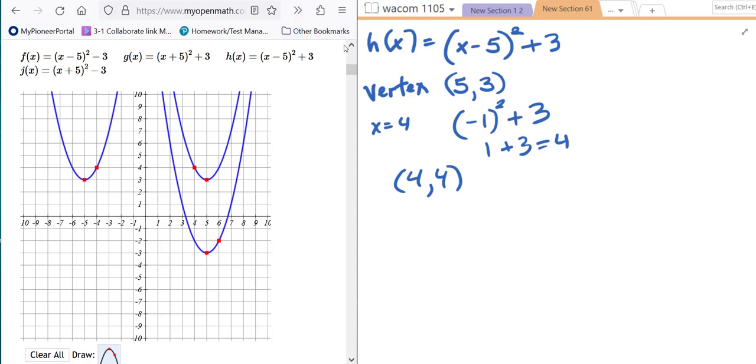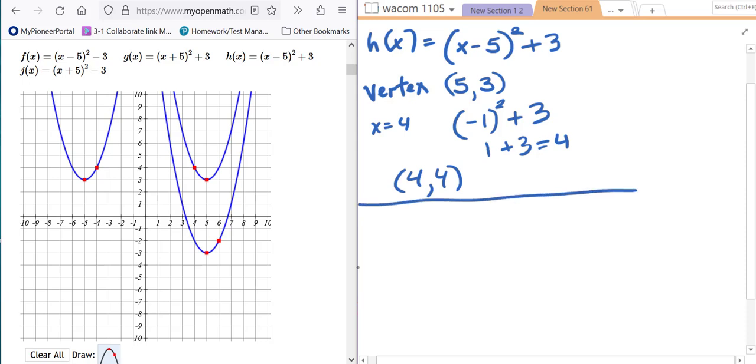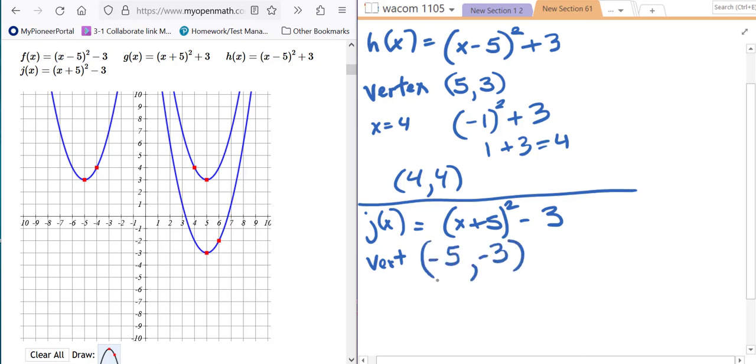And one more to go on this picture. We can write it on this same one, I think. So this is j of x equals x plus 5 squared minus 3. Right, this is plus, so watch out. So your vertex is going to be minus 5 minus 3. And a random point.